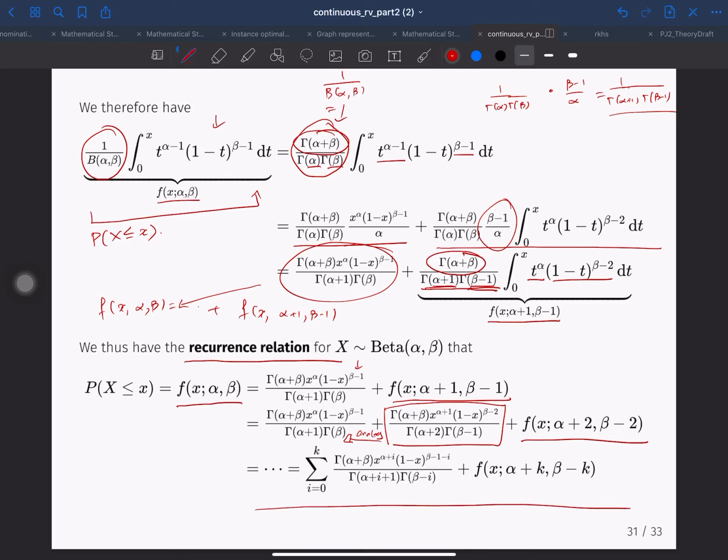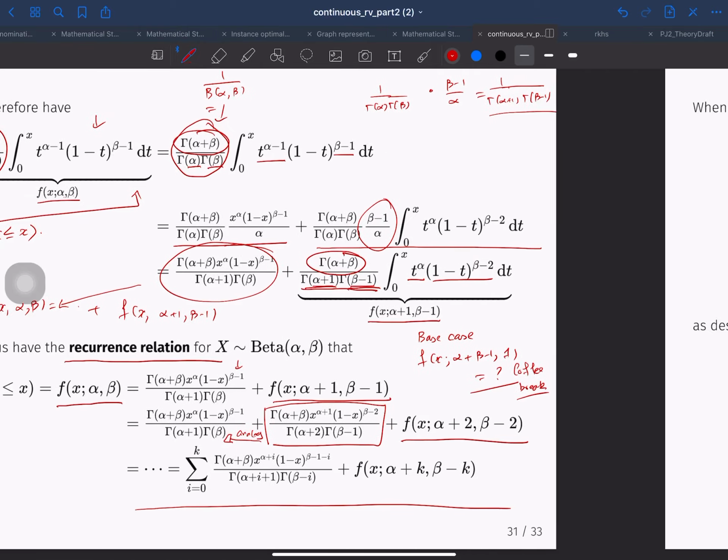And now the base case, which is f of x, alpha plus beta minus 1, and 1, is equal to what? So this is maybe a coffee break. Compute this.